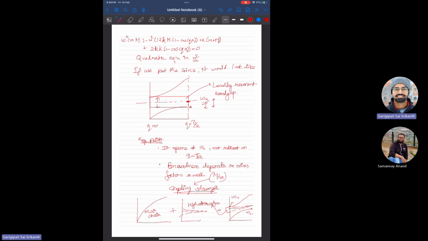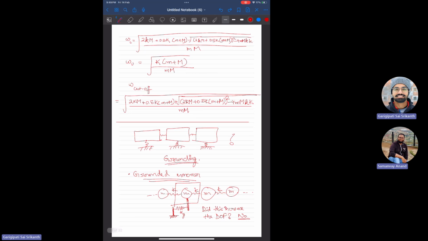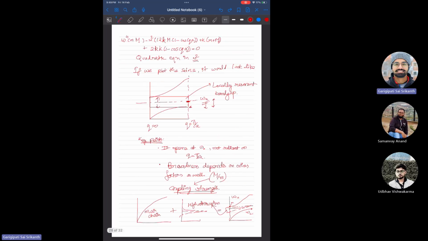Right? The frequency is zero in the starting. The acoustic mode starts from zero frequency because the intersite potential is not activated when it is completely in phase. It moves like a rigid body, right? Yes, it moves like a rigid body.